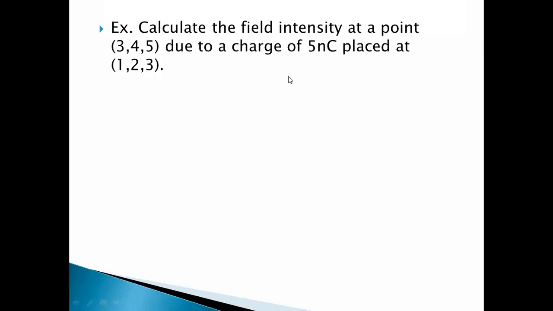Note the example fast. Calculate the field intensity, meaning it is the electric field intensity, at a point 3, 4, 5.